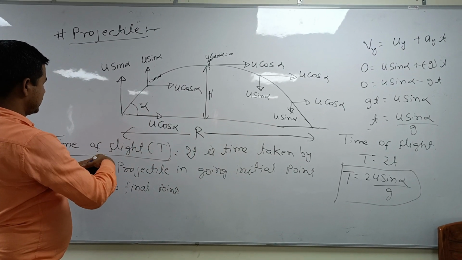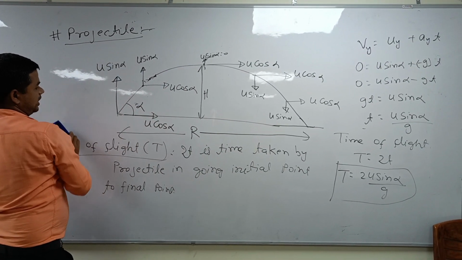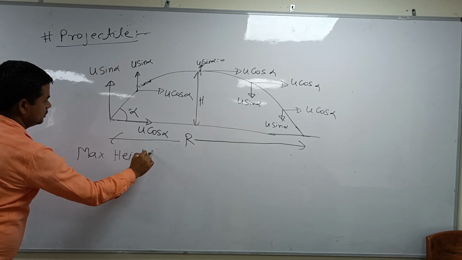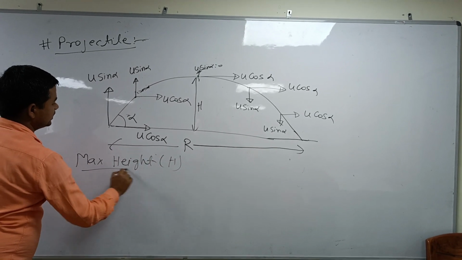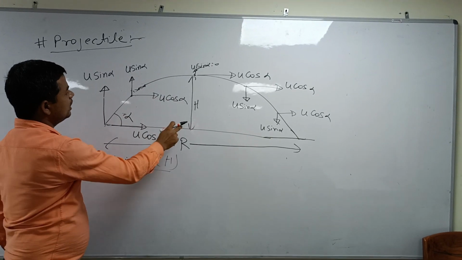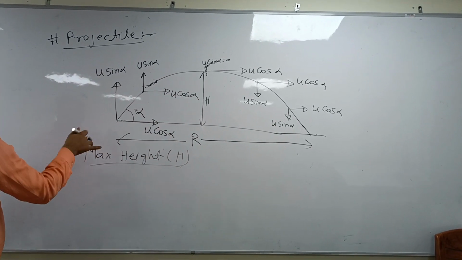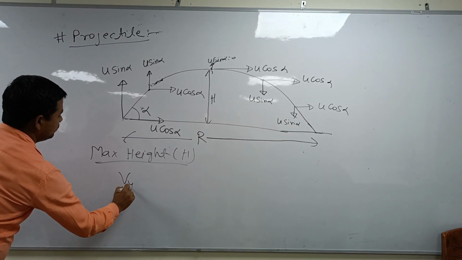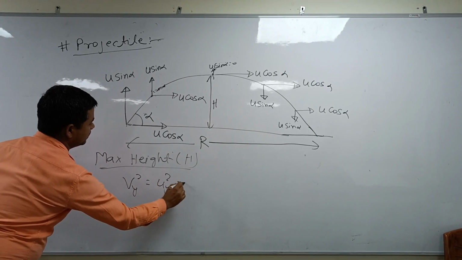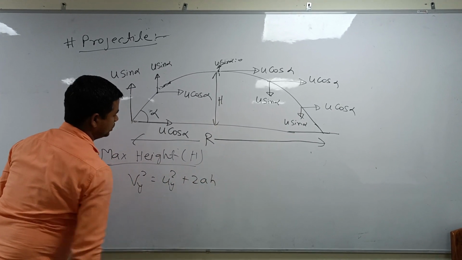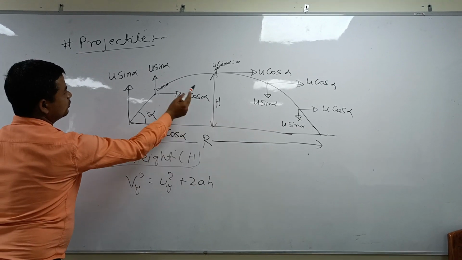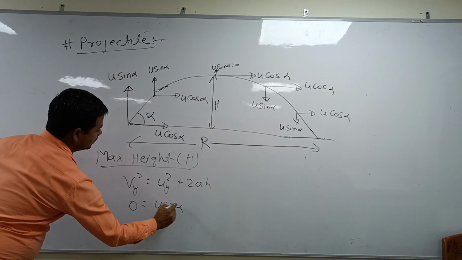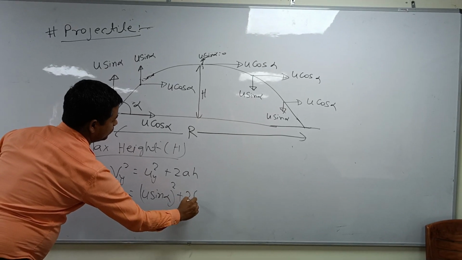Now we find maximum height, which is the distance covered in the vertical direction. We consider the equation of motion in the y direction: Vy squared equals uy squared plus 2ah. The velocity in the y direction at the top is 0, uy is u sin alpha, and the acceleration is minus g.